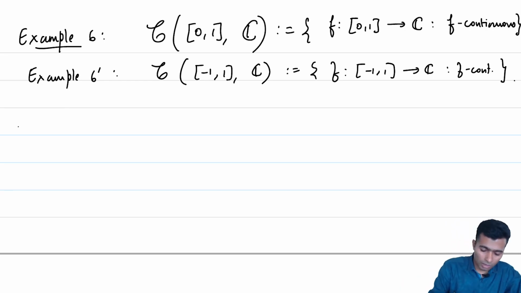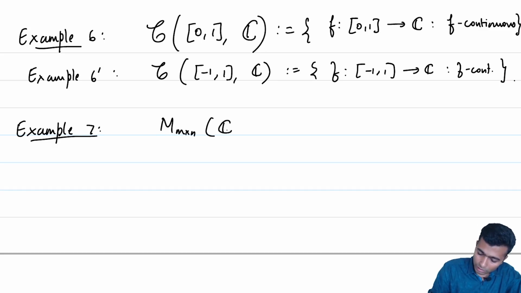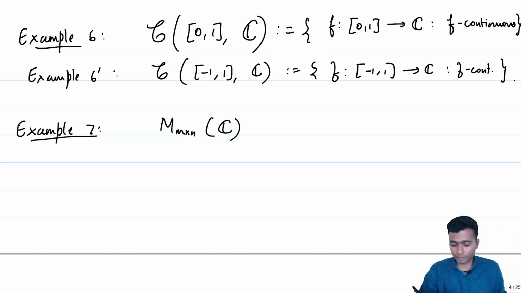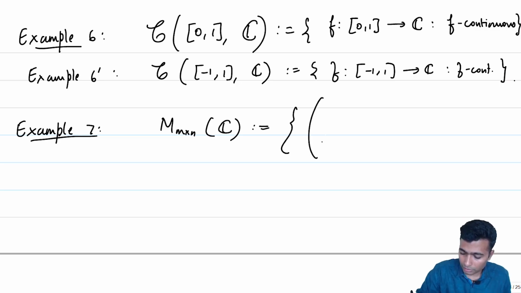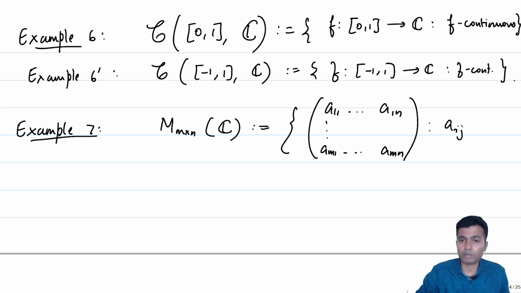Okay, more examples. A very important example is m cross n matrices over C. Again, I don't need to really write it down because this is just the matrices a11 to a1n, am1 to amn, but now our aij are not just real numbers, they are potentially complex numbers.